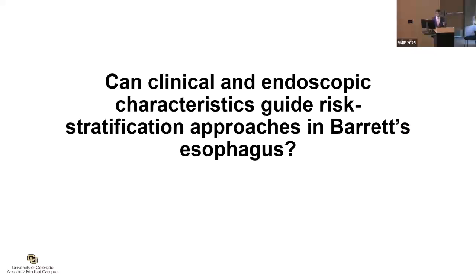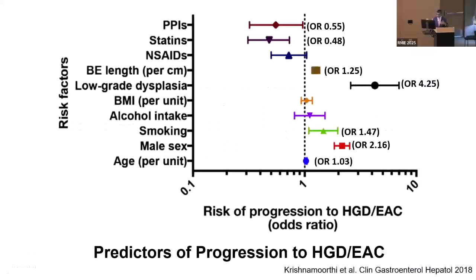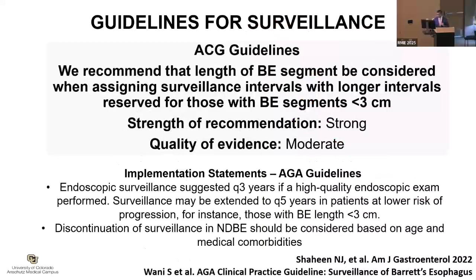The next important question to ask ourselves is, can we use clinical and endoscopic characteristics to guide risk stratification for patients with Barrett's esophagus undergoing surveillance? And you can see that there are a whole bunch of different risk factors that you can use to guide your surveillance exams. There have been prediction models that have been developed, but none that have actually been adapted in routine clinical practice.